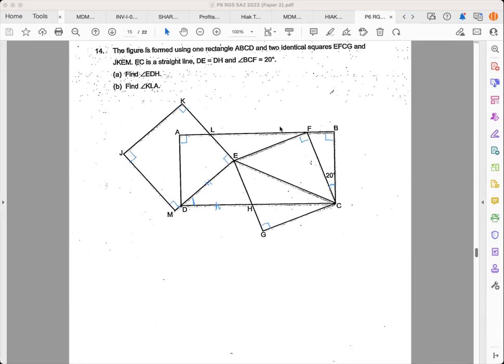Now, you notice that EC is the diagonal across a square. That will split the square into two equal parts, and the angle at the corner also into two equal parts. So this will be 90 degrees divided by 2, 45 degrees. And this will be 45 degrees, which makes up 90 degrees at the corner.